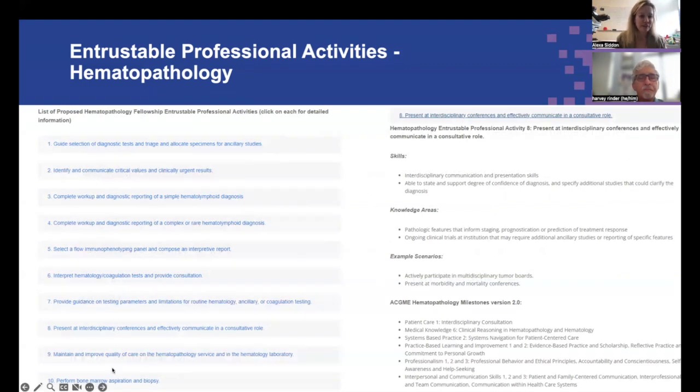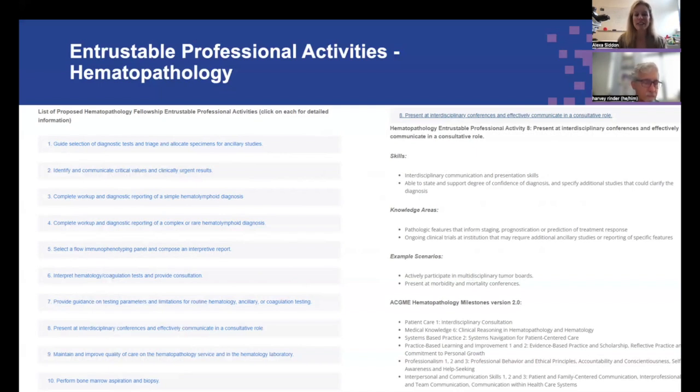On the left here, I have the list of the tasks. For example, selection of the diagnostic tests for a bone marrow biopsy sample, select a flow immunophenotyping panel, and compose an interpretive report for flow cytometry. There's an EPA on hematology and coagulation interpretation and consultation.